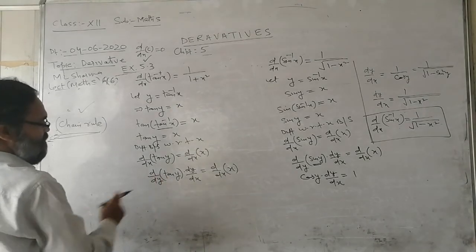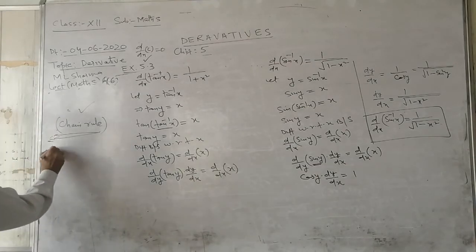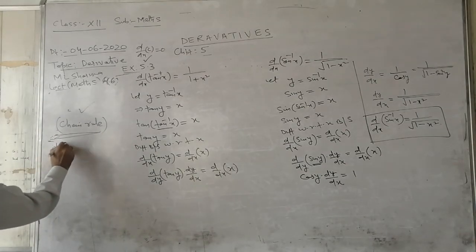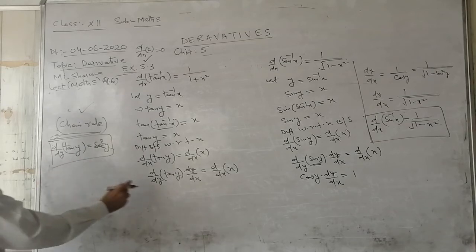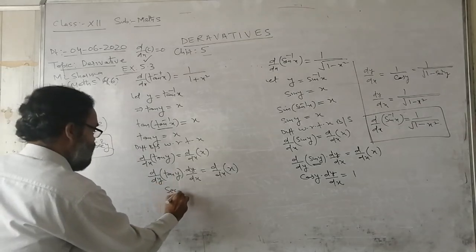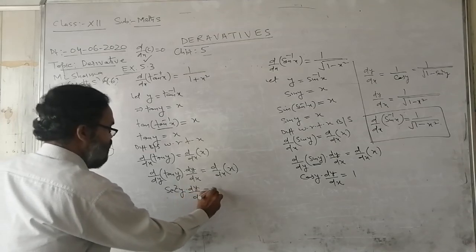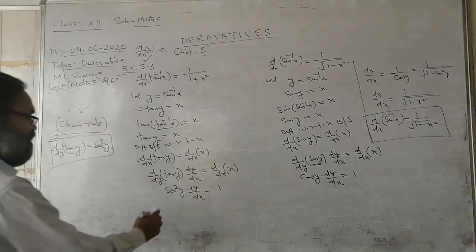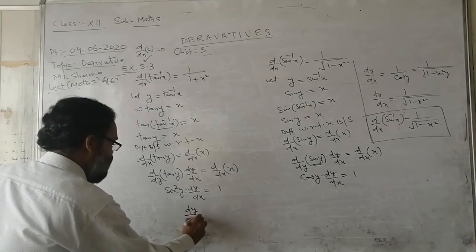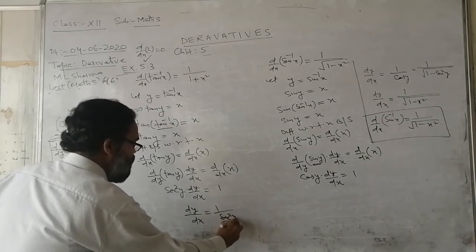So now derivative of tangent, it is d upon dy of tangent y. This is secant square y. So I will write here secant square y into dy upon dx equal to derivative of x, this will be 1. So I can say dy upon dx will equal to 1 upon secant square y.